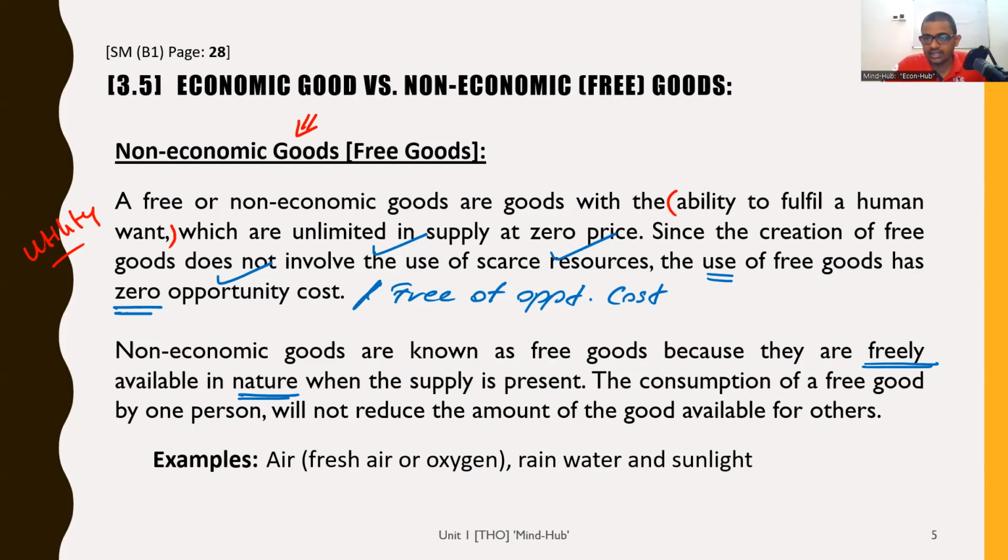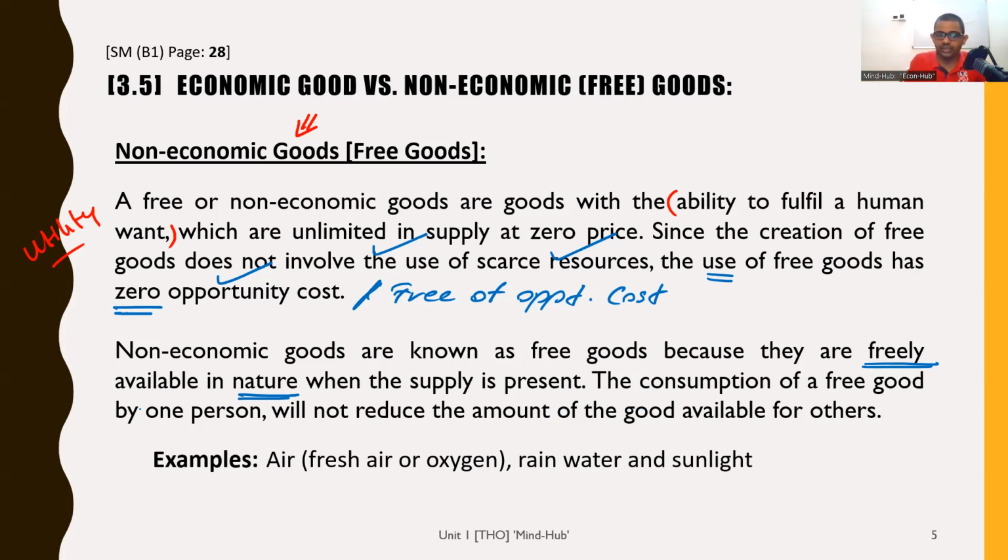During the rainy season, rainwater, right? Or if you're in a river, especially during the rain, river water. When the supply is available, it is unlimited, there's no scarcity, there's no limitation. Supply is present, unlimited, freely available. So free goods, no price, nothing.